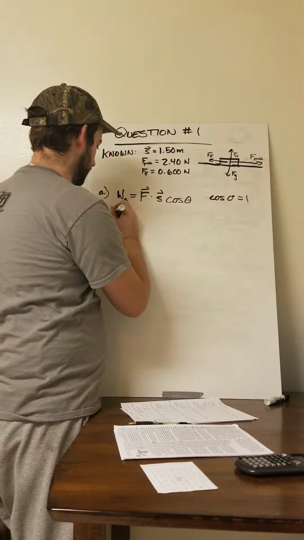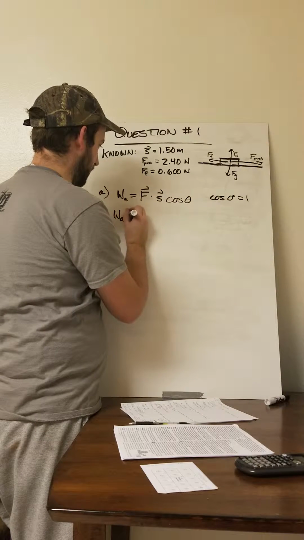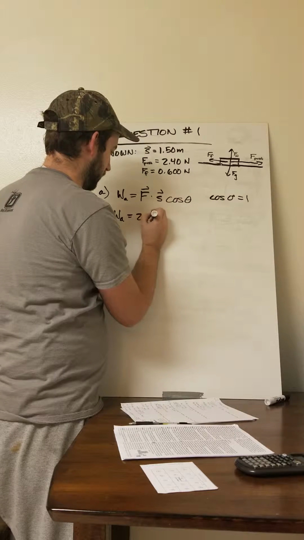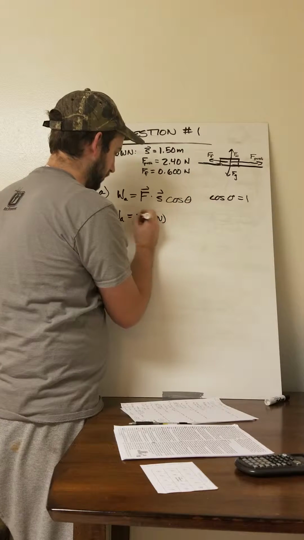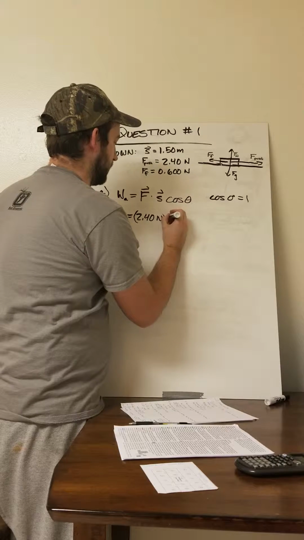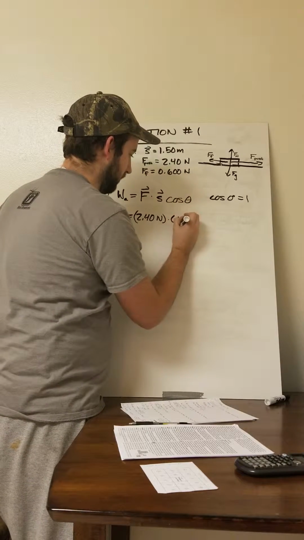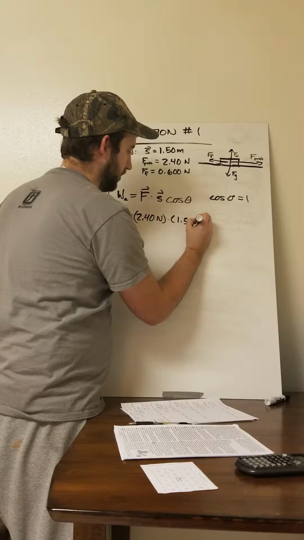So we'll just say work subscript A equals the force, which is the 2.40 newtons, times the displacement, which we know is 1.5 meters.